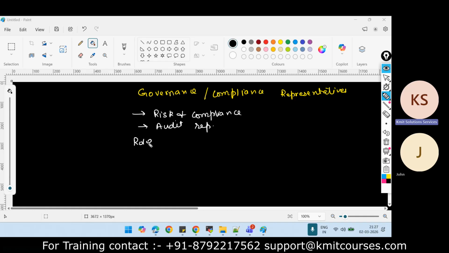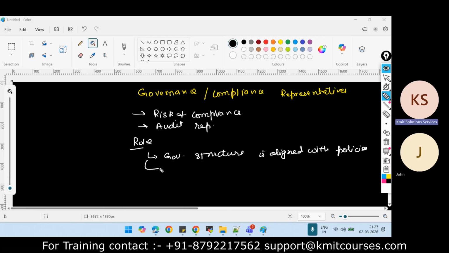So what will be their roles? They need to ensure that the governance structure is aligned with the policies.